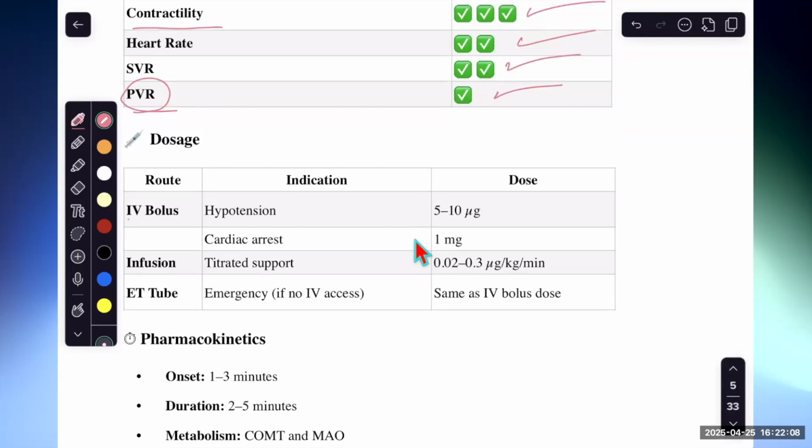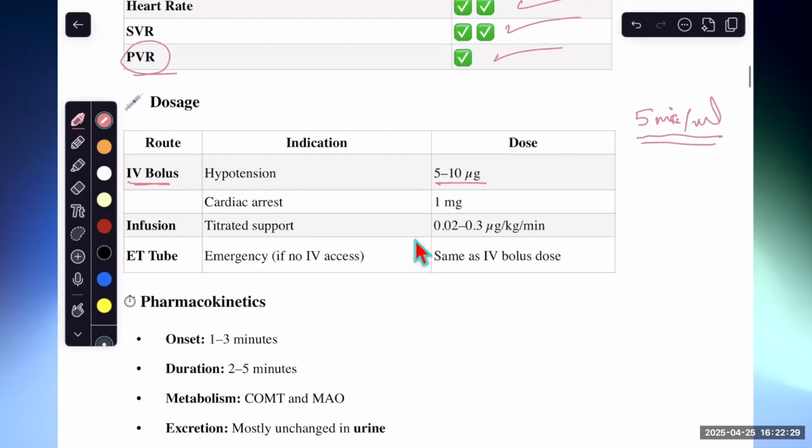Can you use it as a bolus? Definitely. Usually you prepare your syringe to have 5 mic per mil. This is the standard syringe. You can give 5 mils, 10 mic, and titrate 1 mil by 1 mil. In arrest, of course, it's 1 milligram.